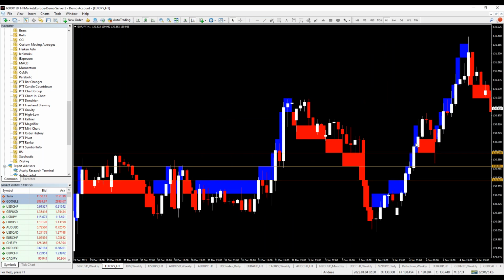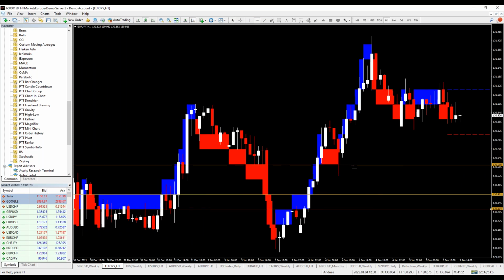Now if you were in an uptrend like this one, then again the bricks could be used for identifying the support level. You see consecutive bullish bricks. So by setting your stop loss at the bottom of the previous brick, you can identify your support level, so your stop loss as well. But you see, right here my asset is consolidating.